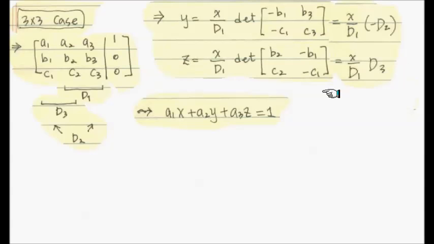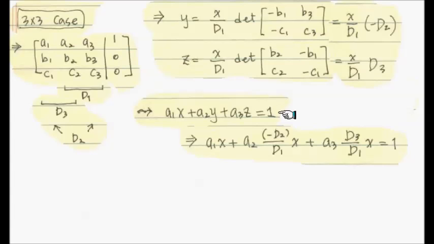So let's think about the equation that we didn't touch. It's the first one, a1, a2, a3, and with the variables this looks like this: a1x plus a2y plus a3z equals 1. So let's substitute what we know about y and z in terms of x, and these are very concise, compact forms of the solution.